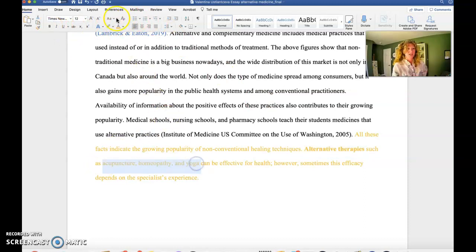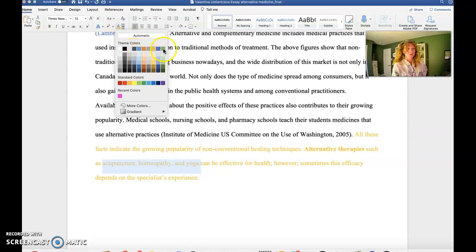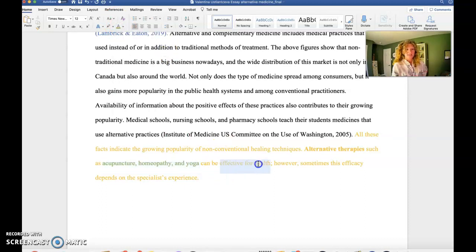Acupuncture, homeopathy, and yoga are our predictors. Can be effective for health, okay? So we've got the effectiveness, which is the focus. And then here, it's still the same sentence. She goes on about the efficacy depending on a specialist experience. So it's not saying that they're 100% effective or not. It's not giving any great details. It's just giving us the idea that some of these alternative therapies are more effective than others, okay?